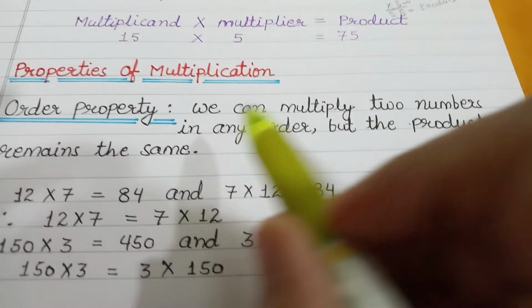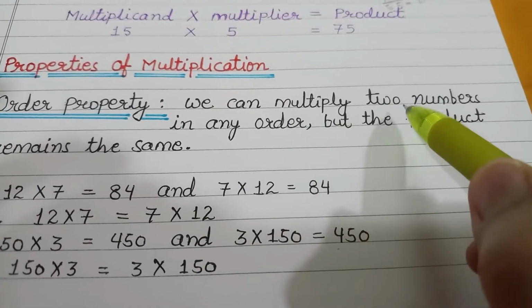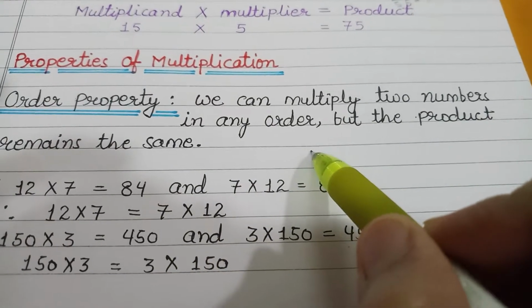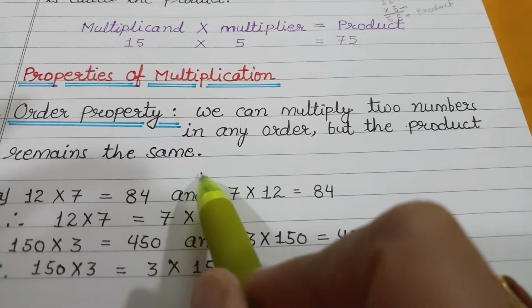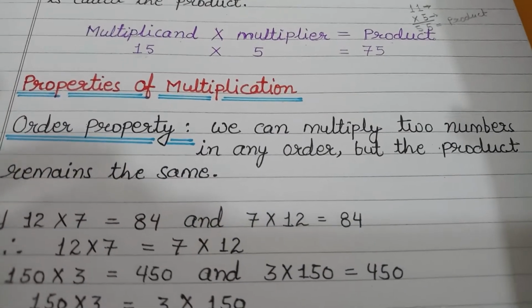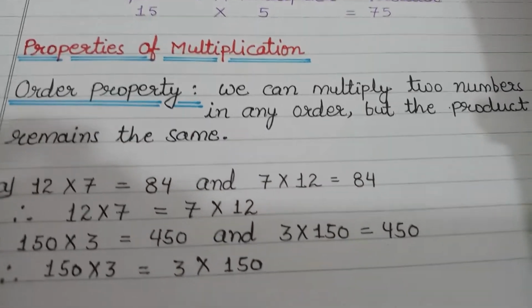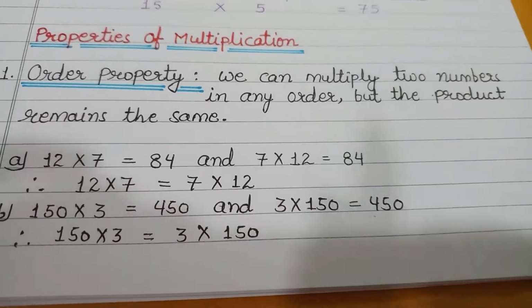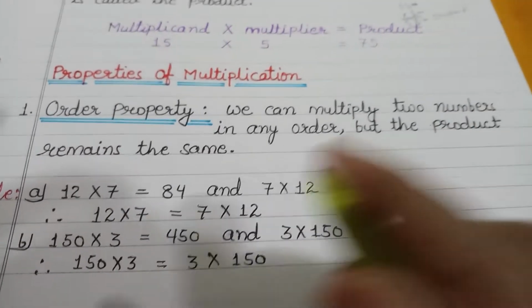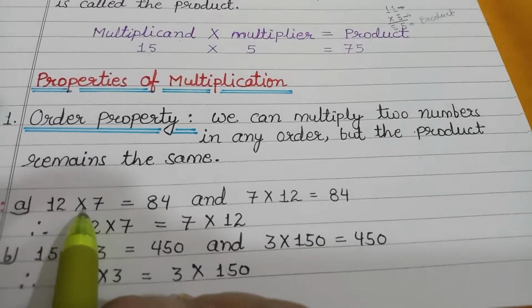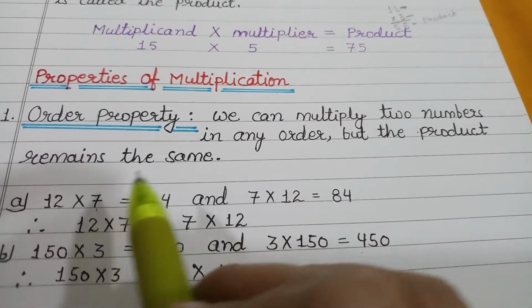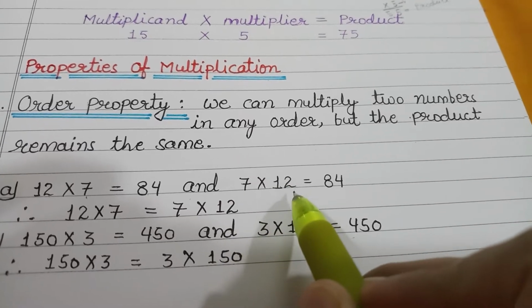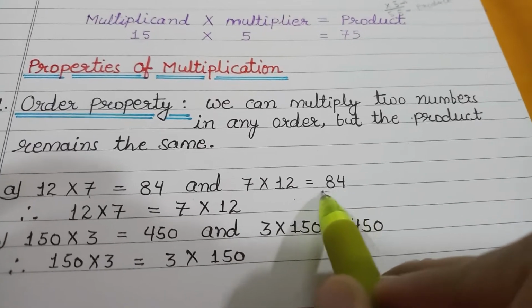But in multiplication, we can multiply two numbers in any order, and the product remains the same. It means if we change the order of numbers, the product remains the same. See here, 12 multiplied by 7 is equal to 84, and if 7 multiplied by 12, same, it's 84.